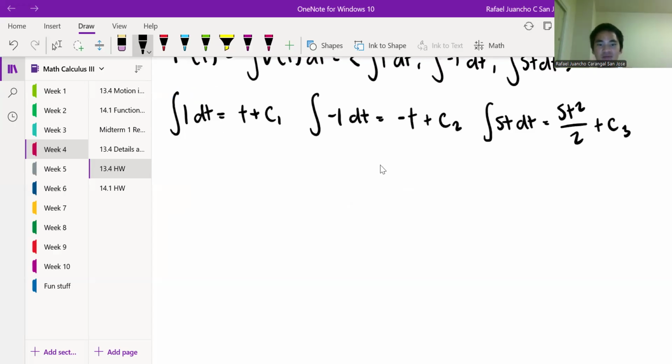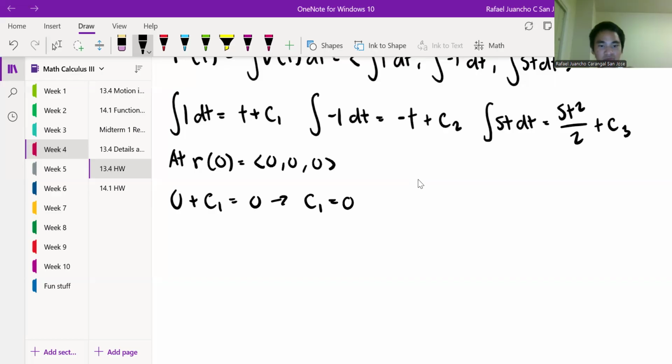And now from here, I get my constants. At r of 0, I'm at my origin, right? That's what it was saying in English. So I plug in 0 for all of them. And so my C1 is 0, negative 0, minus 0, plus C2 is also 0.